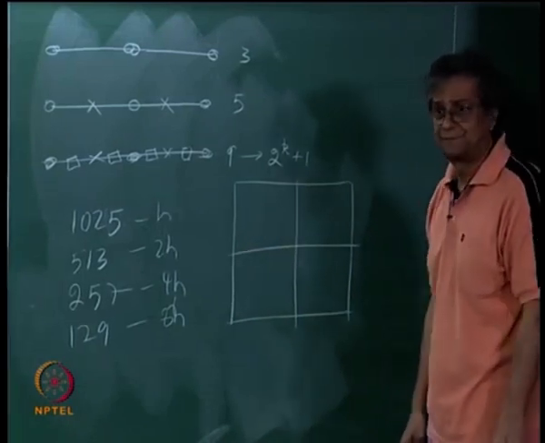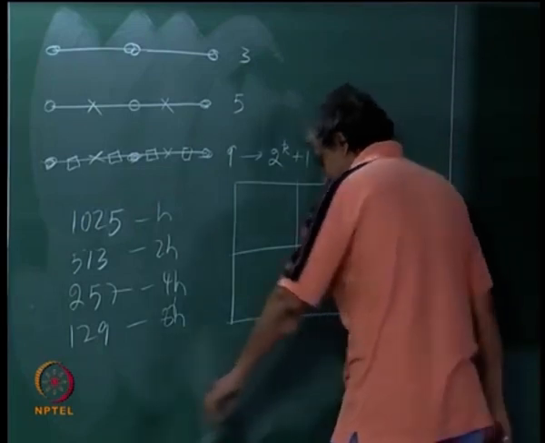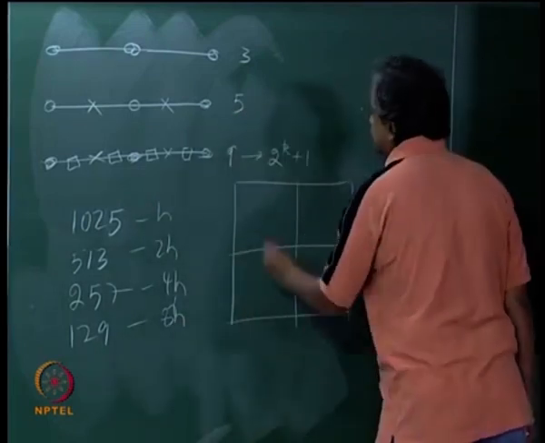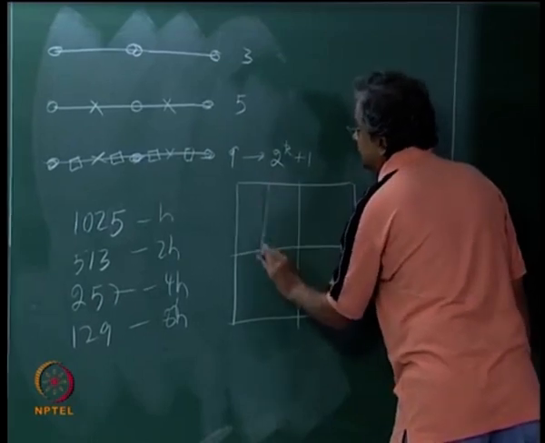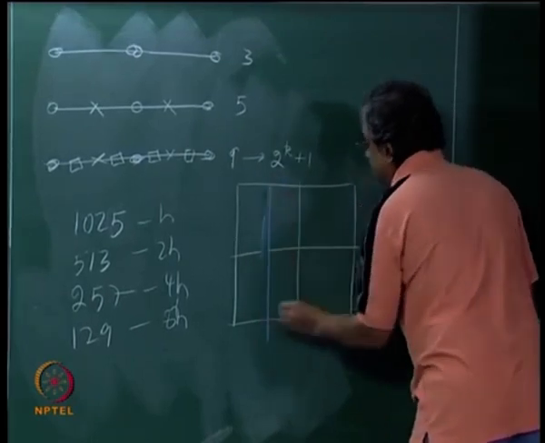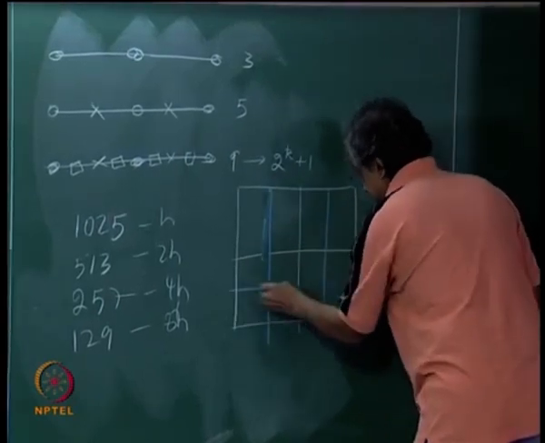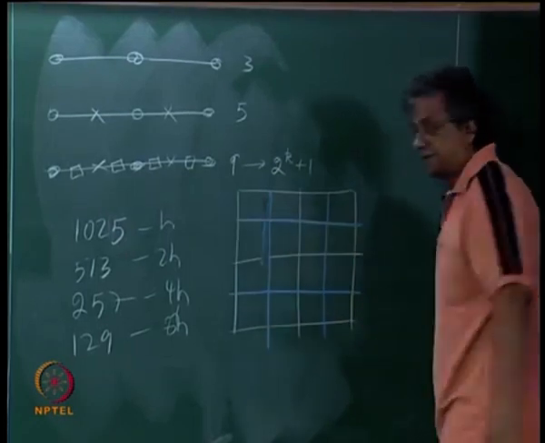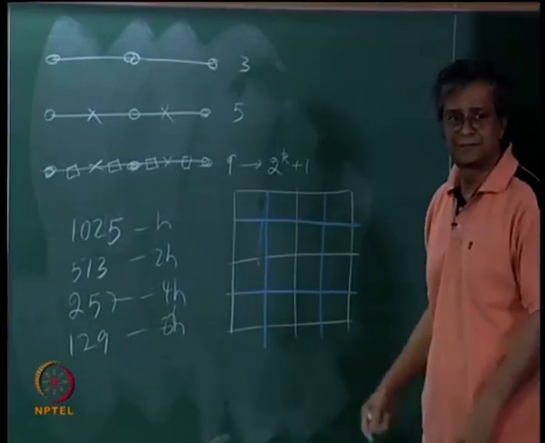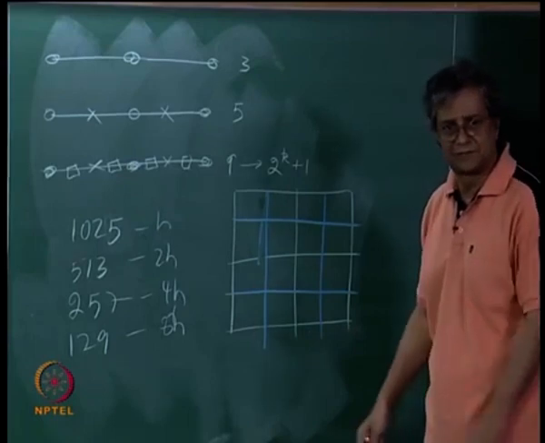Am I making sense? To that you can add, maybe I will use a different colored chalk. That is a 5 by 5 grid. Am I making sense? And we can go on, you can make it a 7 by 7 grid, and so on, right.